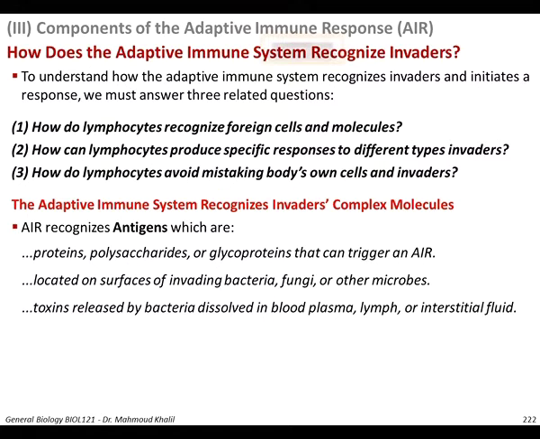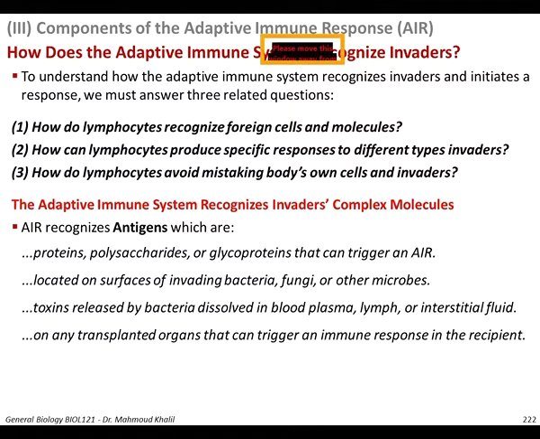Antigens are also toxins that can be released by bacteria and dissolved in blood plasma, lymph, or interstitial fluid. As well, antigens are proteins or structures on transplanted organs that can trigger an immune response in the recipient, the patient who got the transplanted organ.